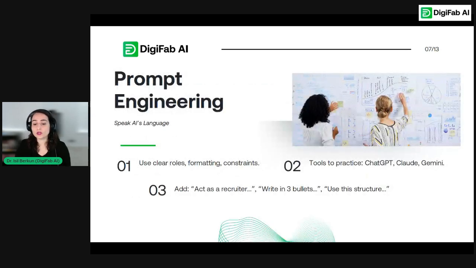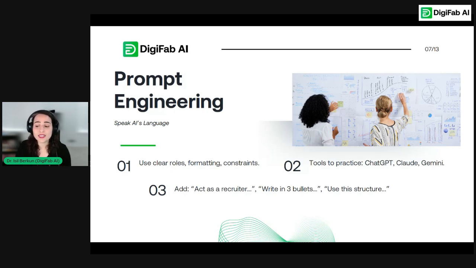So we will also touch on a little bit of prompt engineering, although it deserves its own video, its own topic. Let me know if you would like a more expanded talk in this particular area. Prompting is like speaking the AI's language, right? Just like we are learning Spanish, German, English, prompting is the language of AI that we should master.